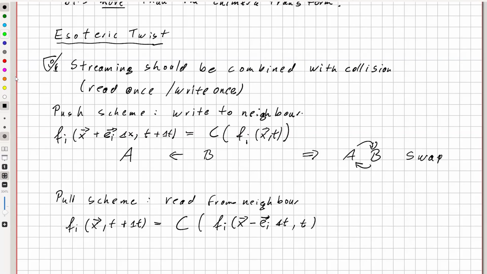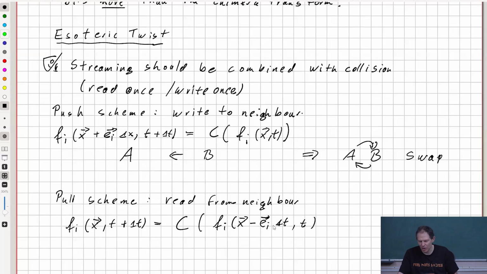Here we had x plus, so we were pushing them, and here we are pulling them, so we go one step backward and get them from there. After this, again, we do the swapping of A and B, because here we again have B written onto A. So these are so-called A-B pattern methods.